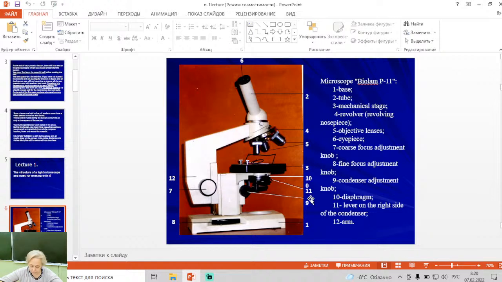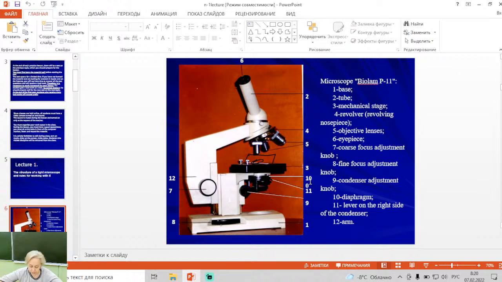The condenser is located under the stage. It consists of 2 or 3 lenses set into a joint frame. By changing the position of the condenser, above or below, you can modify the intensity of light.